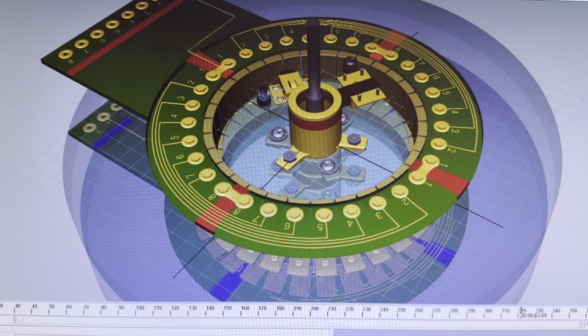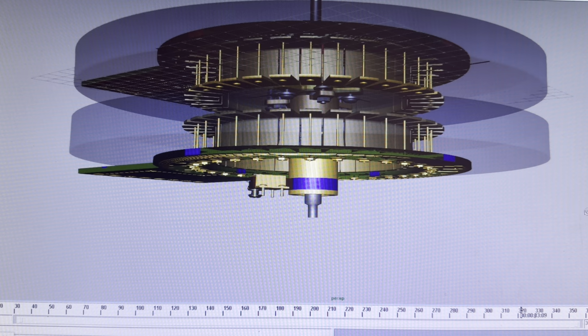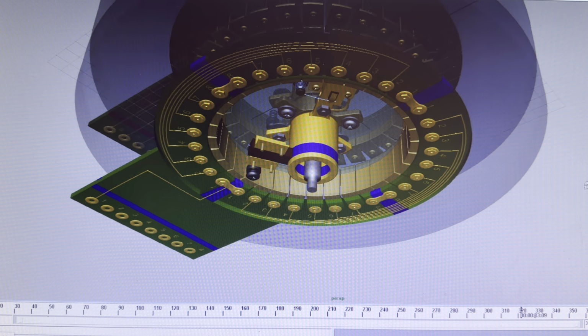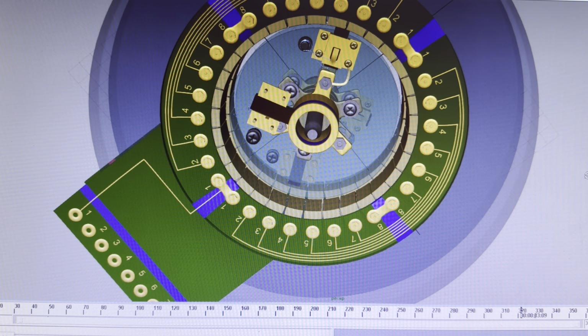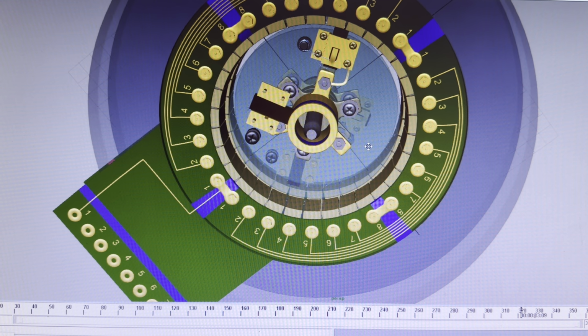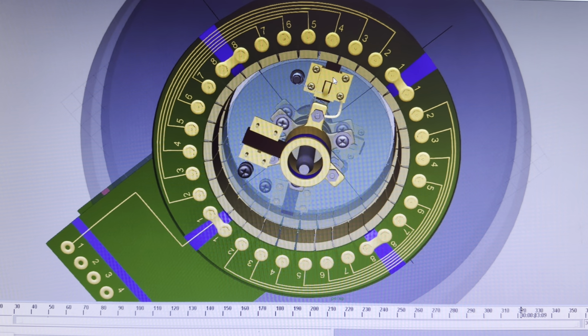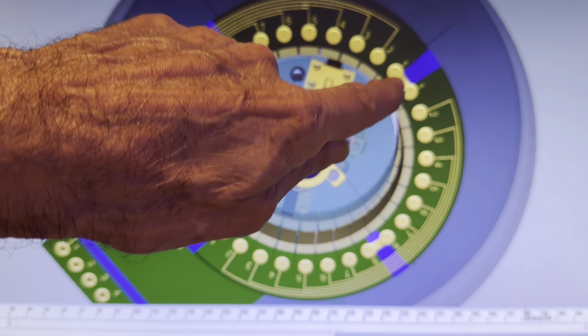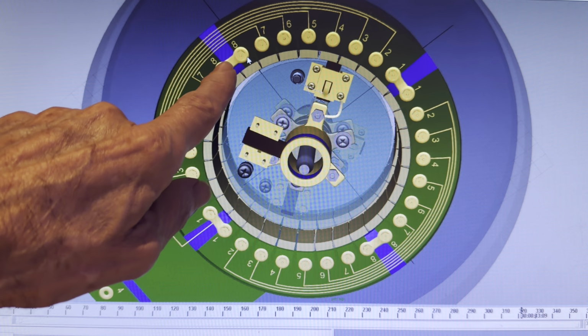So now I'm going to reverse the whole assembly, and let's look at what's happening on the negative side. So we see here that if it follows its rotation, which here is counterclockwise, so it goes from 1 to 8, that means it's also on a positive quadrant from 1 to 8.